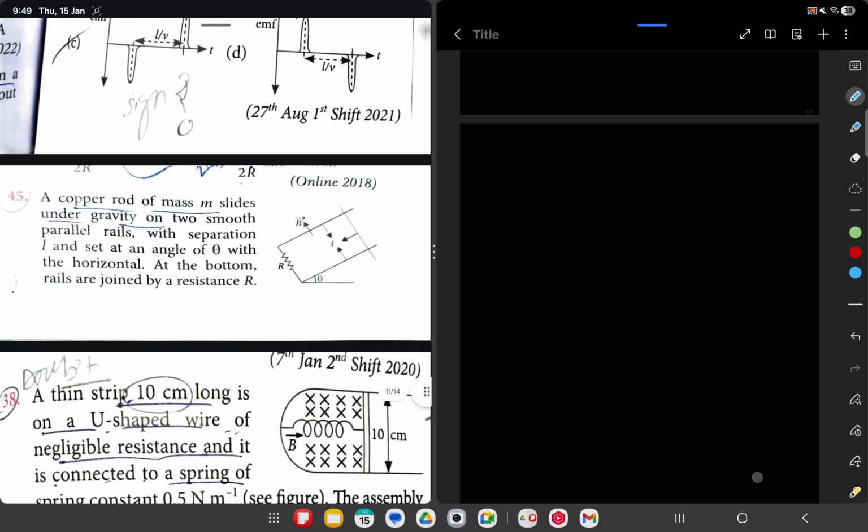So whenever the rod attains its terminal speed, that means the net force will be 0. So I will be just doing this thing. I'm just drawing its front view. Let's say B is along this direction.